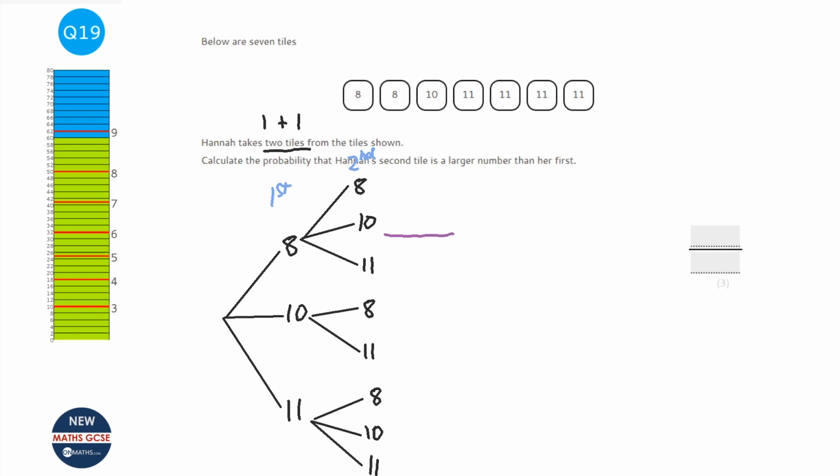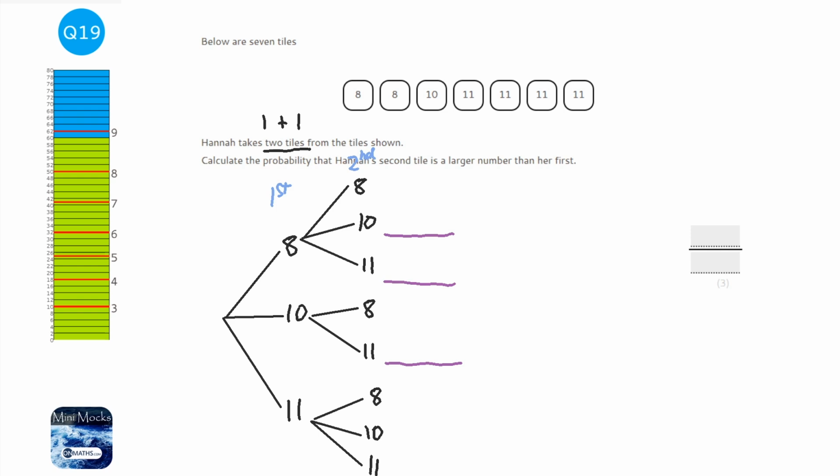Well, this outcome here, 8 and then 10, 8 and then 11 will. If you pick a 10, then you can pick an 11, and that's larger. And if you pick an 11, you can't get a larger second tile. So there's 3 outcomes you can get with the second tile being larger: 8 and 10, 8 and 11, and 10 and 11.